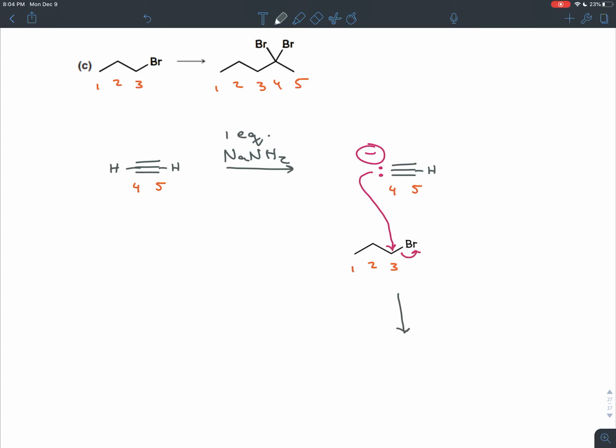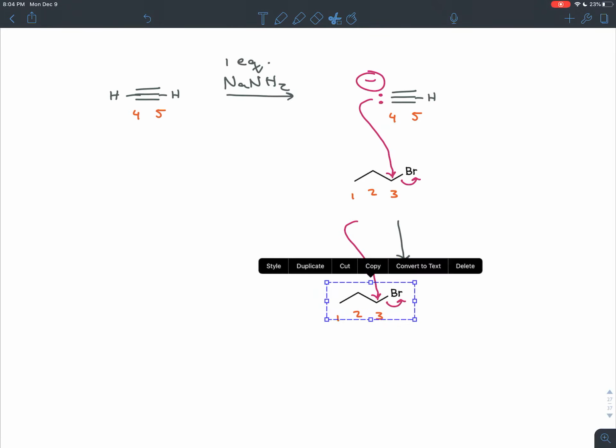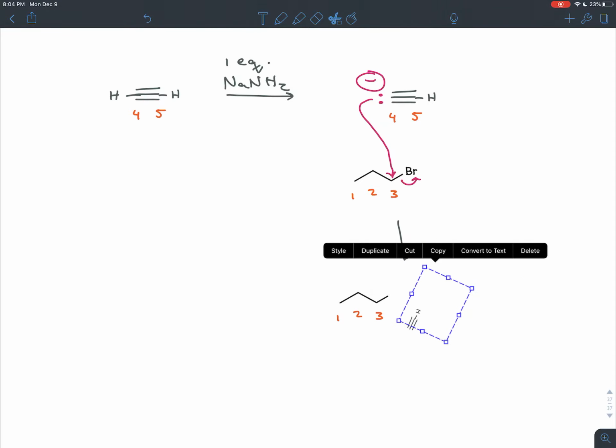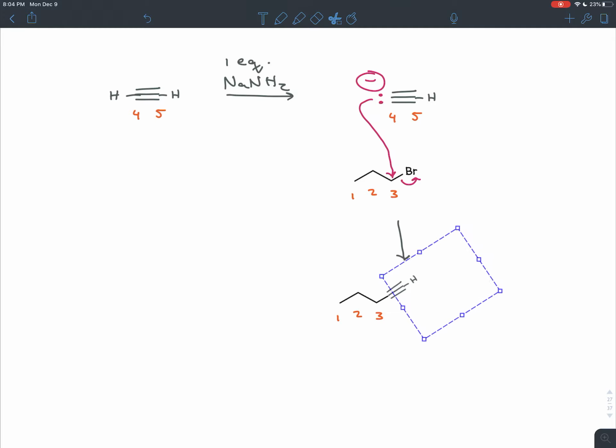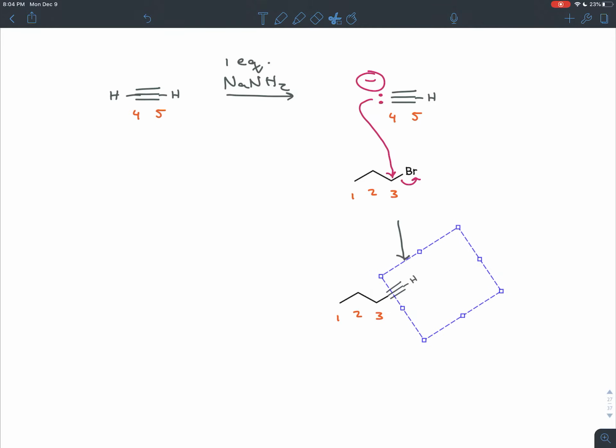So that what we have next is this alkyne attached right there.